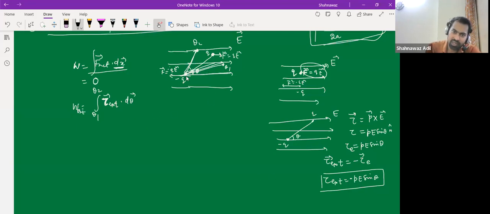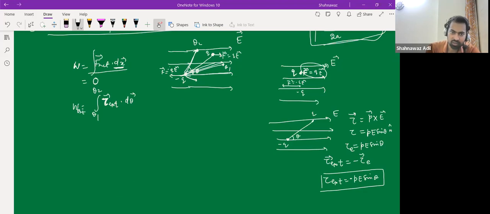And we have to apply this torque. This is the electric field torque, but we will apply the torque in this direction, right? So if we apply the torque in this direction, tau external, and the angle is this one, so they are opposite, right?